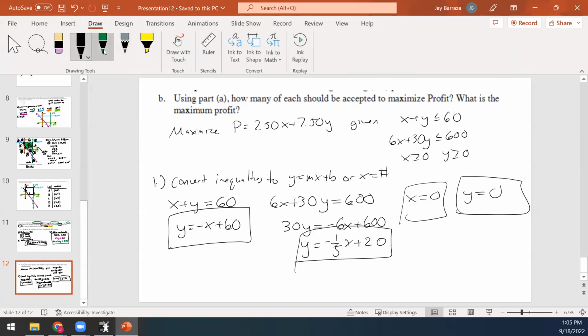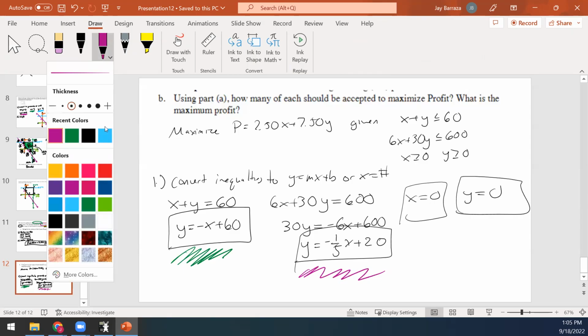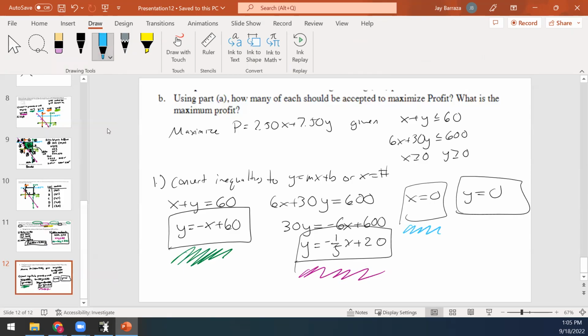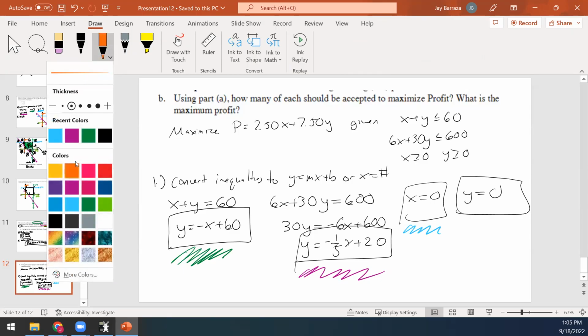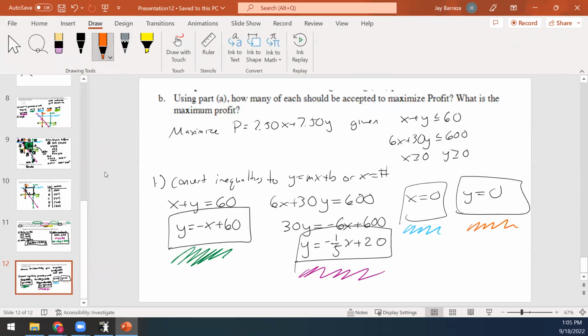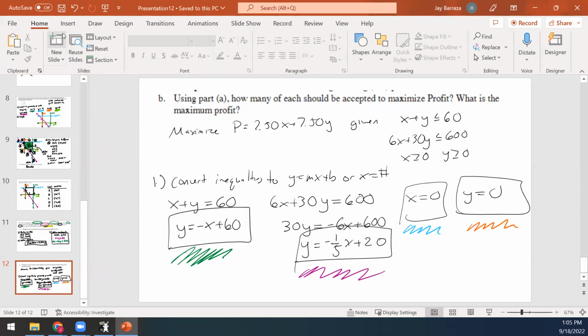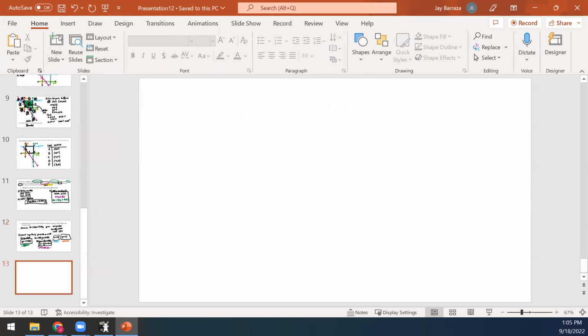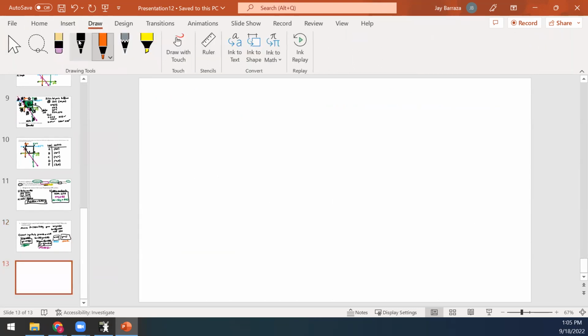And so we're going to graph all of these. It's giving us some color designation. On the next slide, we are going to graph.